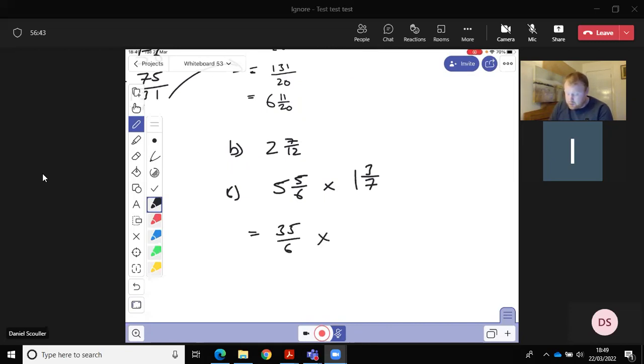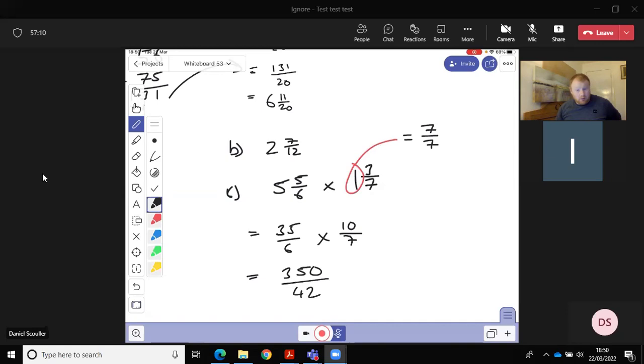Multiplied by, there's a whole 7 over 7 there, so 10 over 7. That 1 equals 7 over 7, that just adds in 1 there. So 10 over 7. Then that becomes 350 over 42.